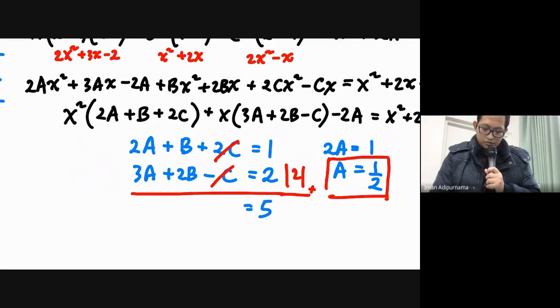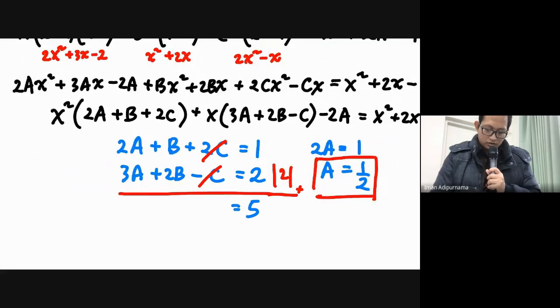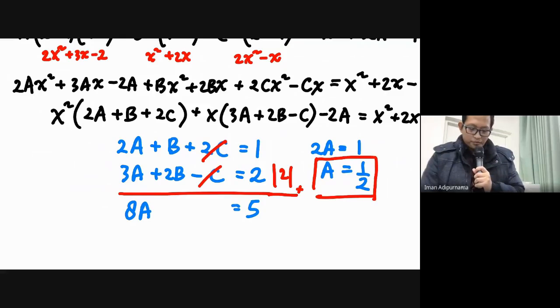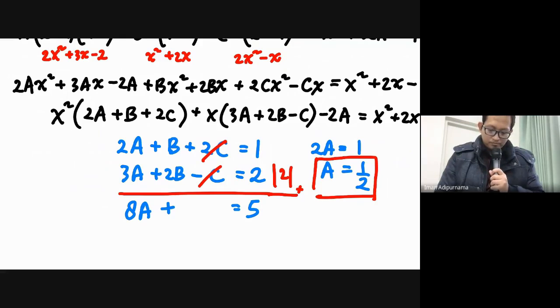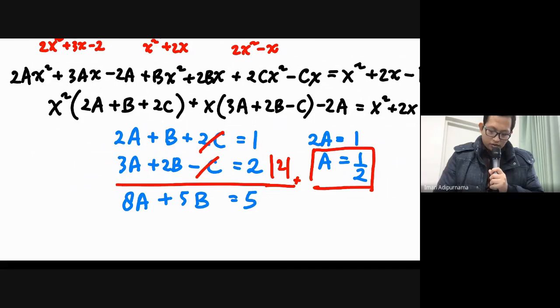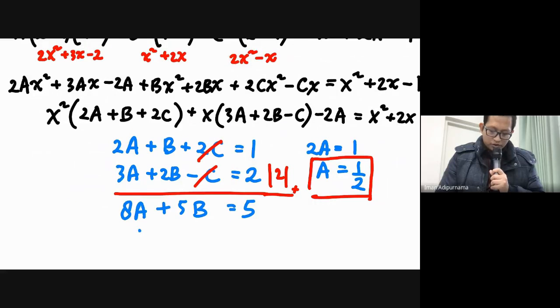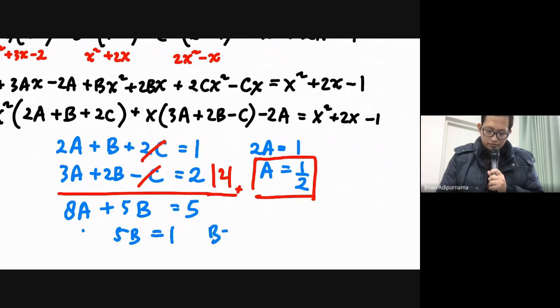So it's 2 plus 6, which is 8a. And a is half, so 4. So 5b is 1. So b is 1 over 5.